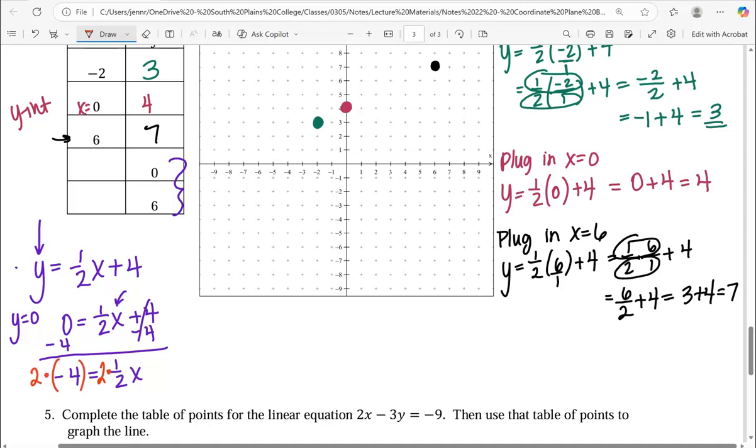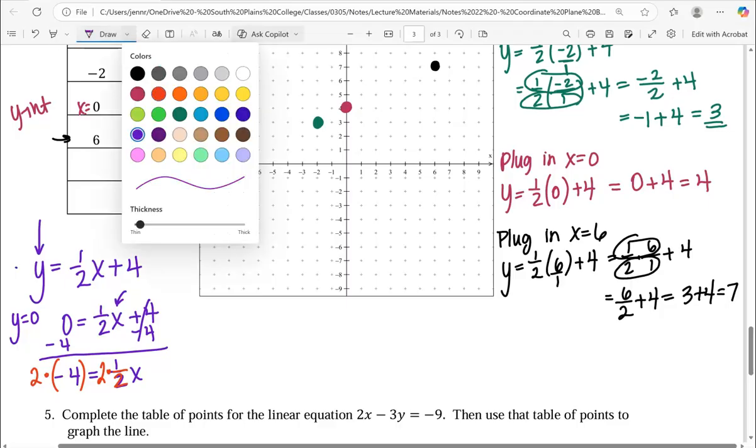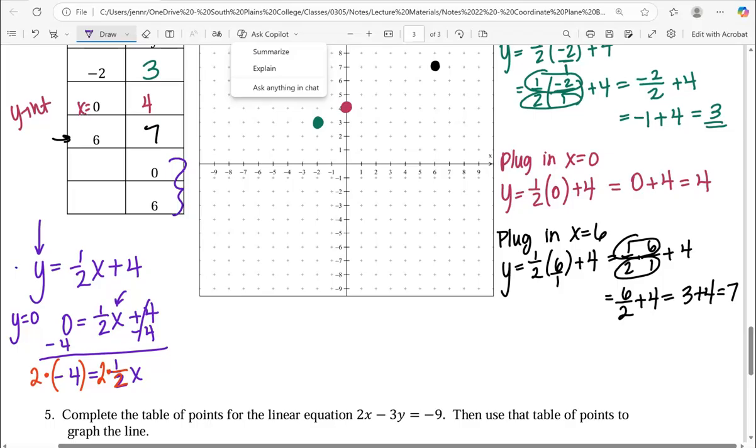Remember, 1/2 is the same thing as divide by 2. So to undo it, I multiply. When I multiply, I have 2 times -4 is -8 equals, my 2's cancel out, and I'm left with x. X equals -8.